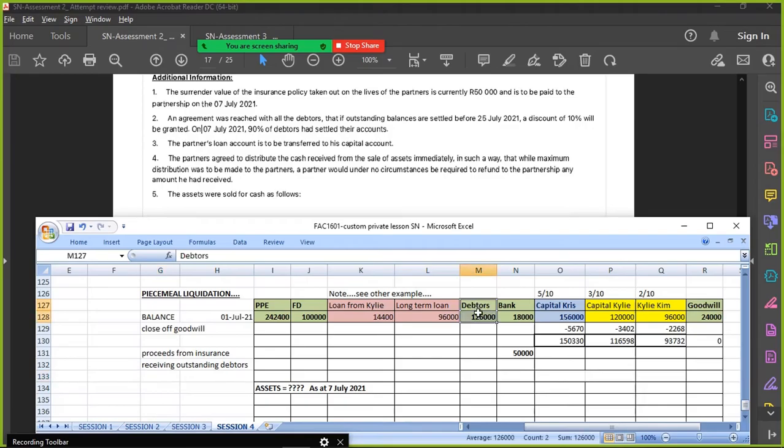So where's my debtors control? My debtors equals 90%, so times that by 90%. That's going to be a negative. Happy with that? Yeah. You're decreasing that by 90, but your bank is only going to go up by the 80%. Not 80%, less the discount. Does that make sense? Yeah.